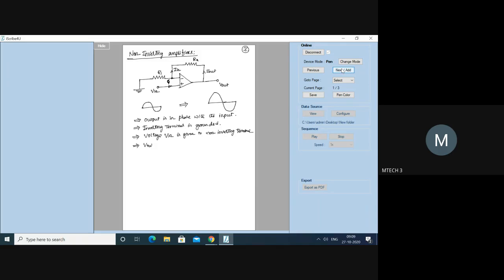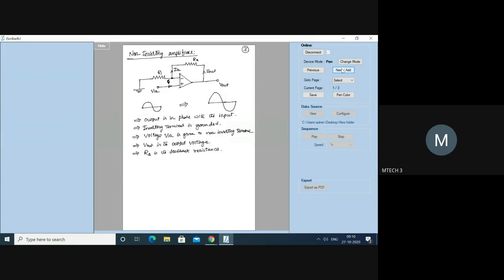Vout is the output voltage, and R2 is the feedback resistance.